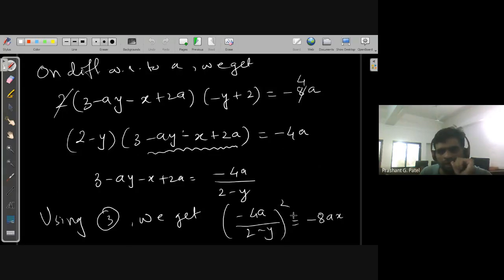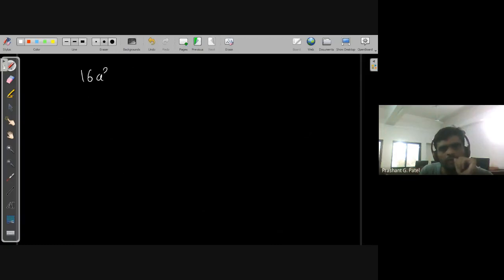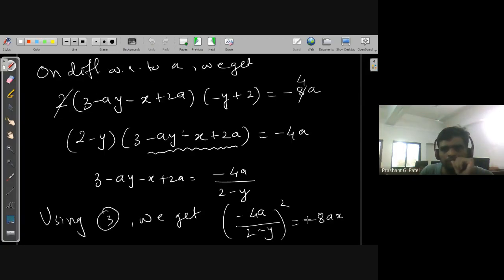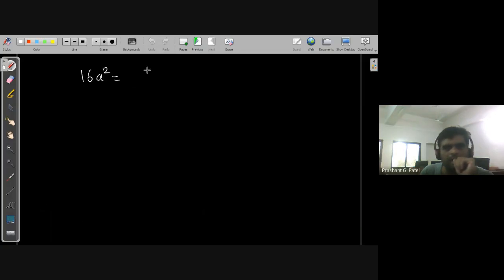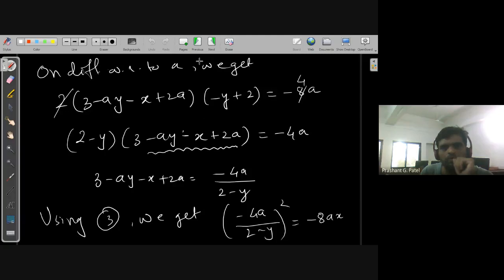And if I take the square now, that will lead to 16 a square is equal to minus 8ax into (2 minus y) square.